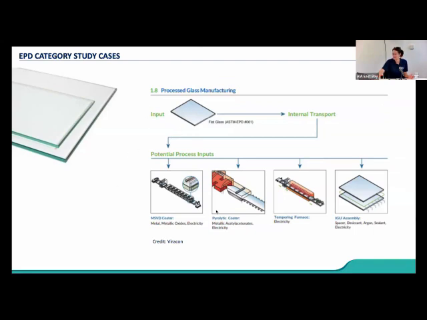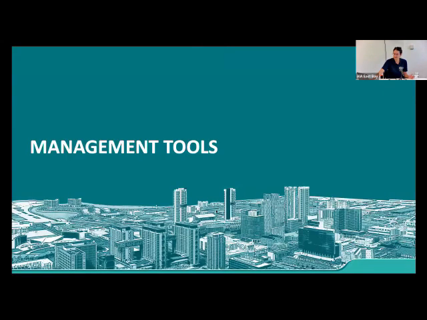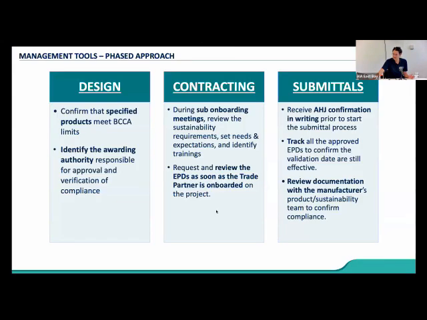That makes sense. Okay, and how do we manage it? So we spelled it out based on the phase. When you're in design, definitely make sure that the specified products meet Buy Clean California limits. Mineral insulation is a great example: don't specify an insulating product that you know, just by selecting it as an architect, is already above the threshold.